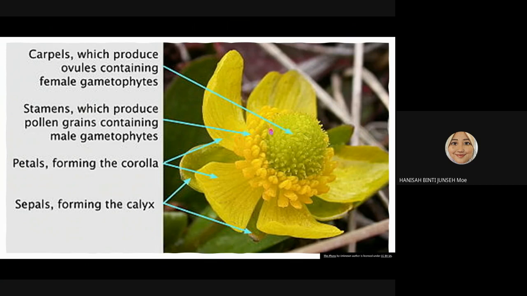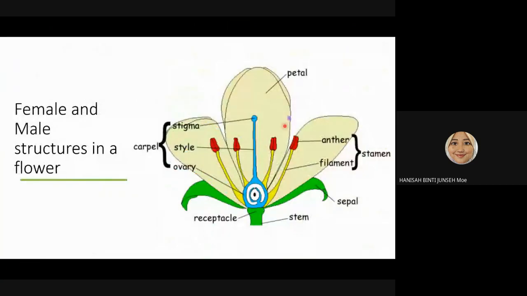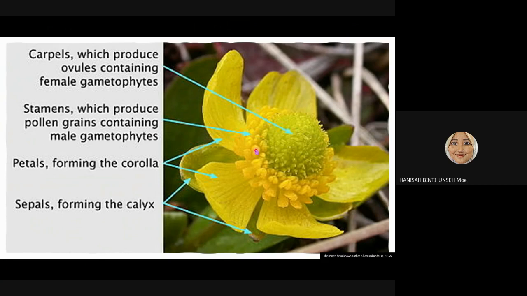In the previous slide, this is a general structure of flowers. But as you know, in real life, flowers have many kinds of shapes and arrangements.